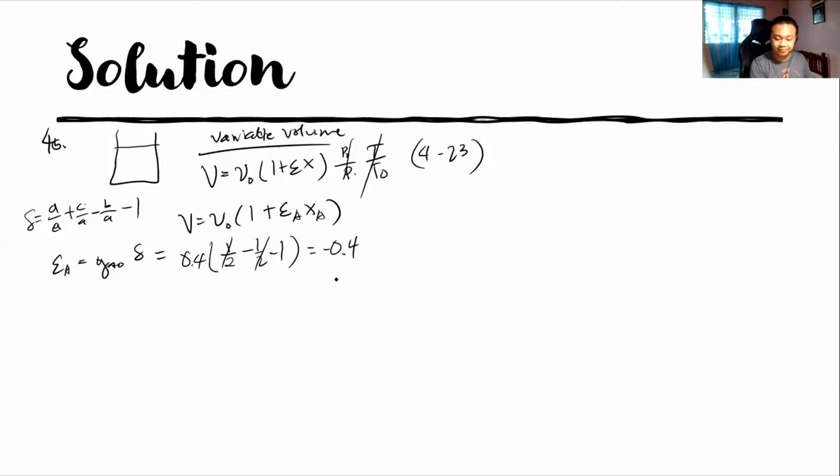So we also know that CA, the concentration, is just equal to the number of moles over the volume. So this is really useful in our dealings later. So CA, and then you can also express NA in terms of conversion, NA0 times 1 minus XA.